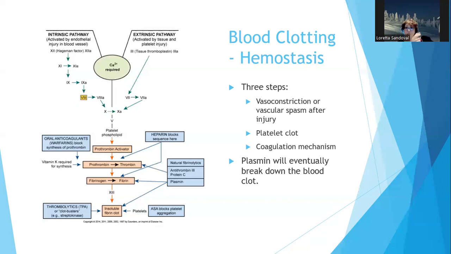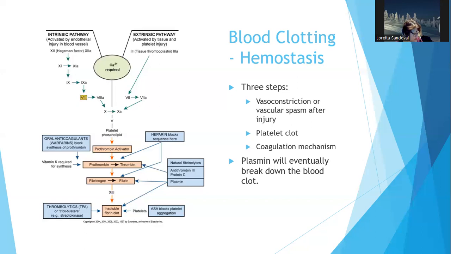If an individual factor is missing, it stops the clotting. In blood clotting disorders, or hemophilias, there is something wrong with one of the factors. Hemophilia A, which is the genetic form of hemophilia, involves factor 8.